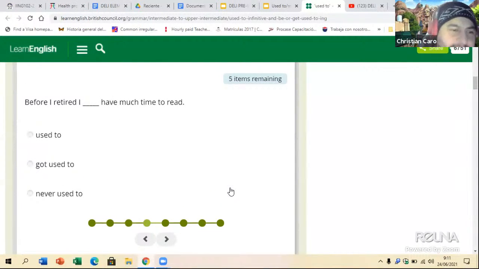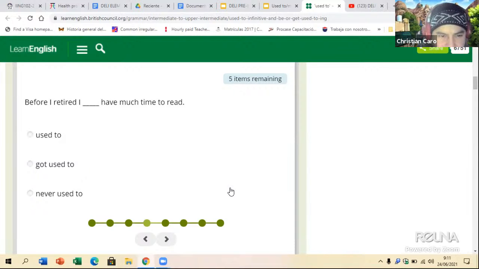Next. Before I retired, I used to, got used to, never used to have much time to read. Before I retired, I used to have much time to read.